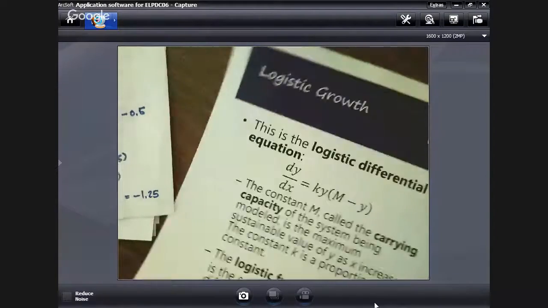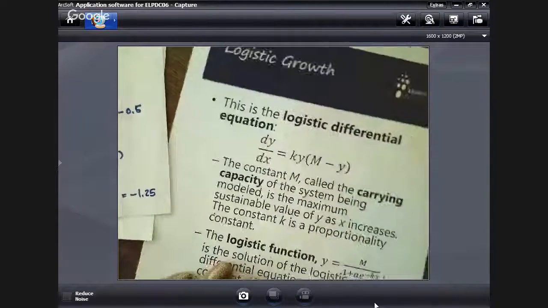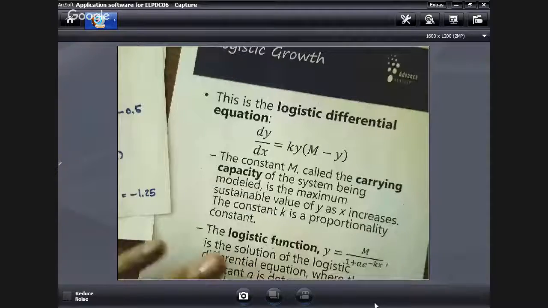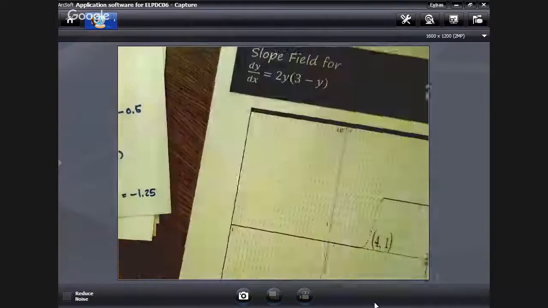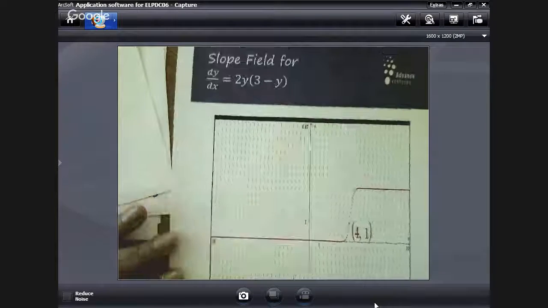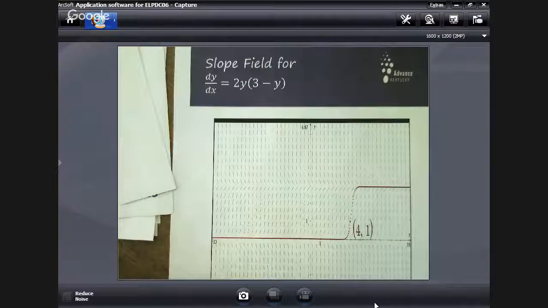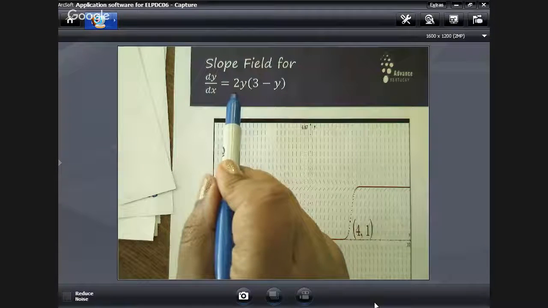So let's look at a logistic equation. I'm going to show you a slope field for the logistic function 2y times (3 minus y), and a particular solution given the initial condition of 1. What I hope you notice is that along the horizontal axis, where y is 0, there's a horizontal asymptote.